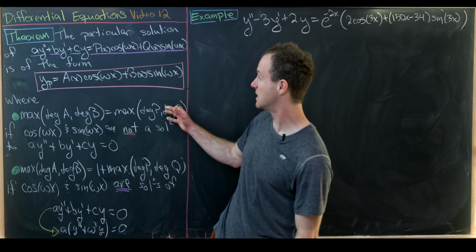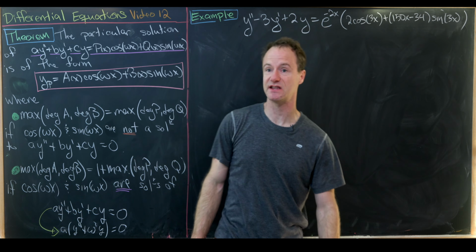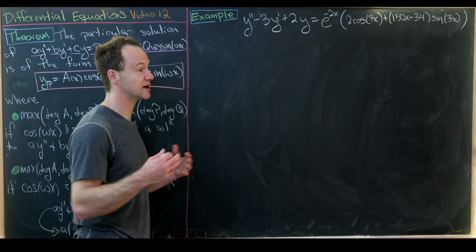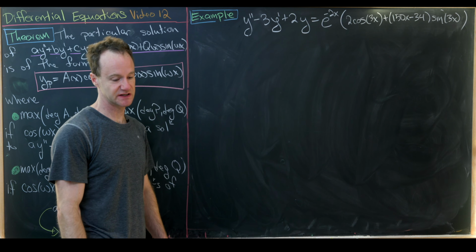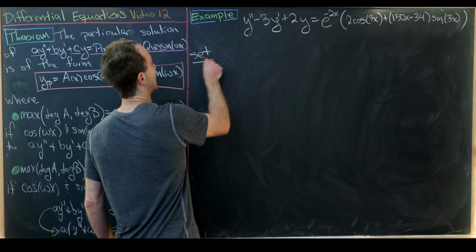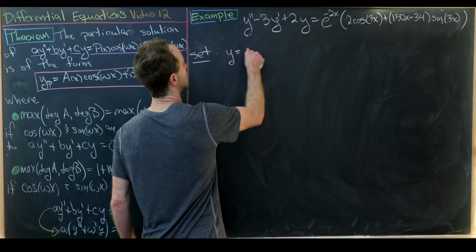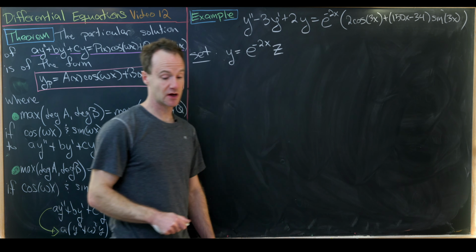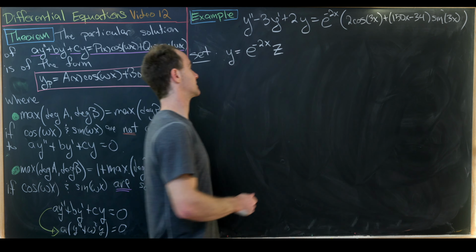Notice that does not fulfill the setup to this theorem, but we can do a substitution in order to turn it into a differential equation which does fulfill the setup. And we'll do that by setting y equal to e to the minus 2x times z, where z is a new function.